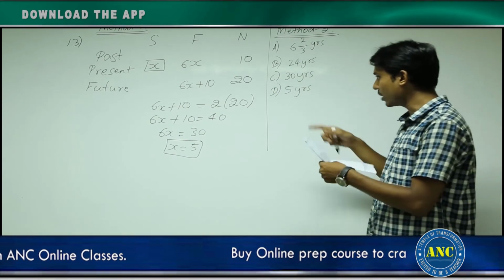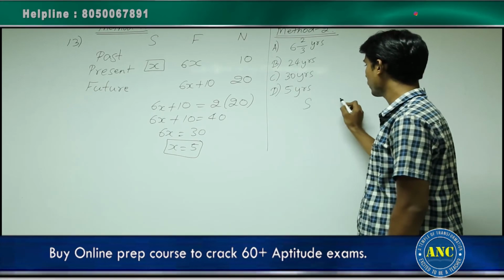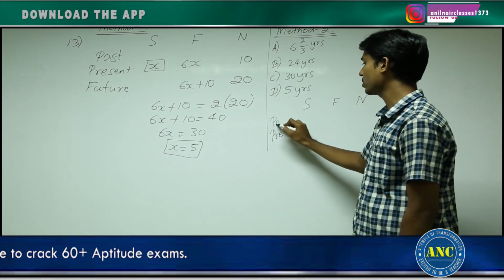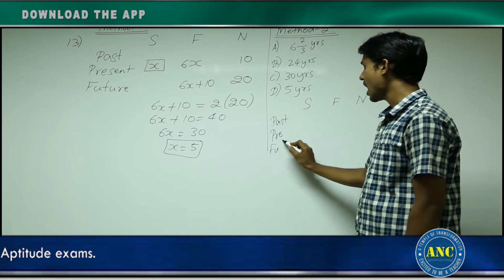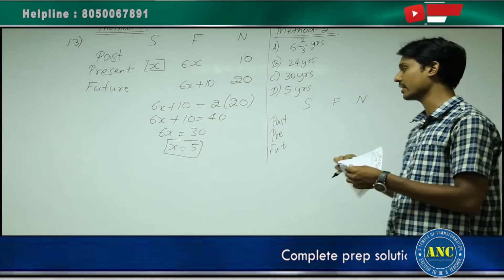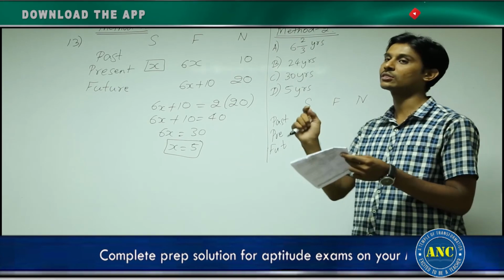Right? See here. If I assume Suman's present age is 5 years, if I prepare a table, Suman, father and Nakul, with the present situation, past situation and future situation. I will assume the present age of Suman as 5 years, even though it is the last option. Suman's age is 1/6 of father's age.